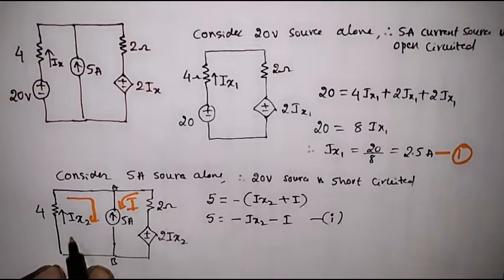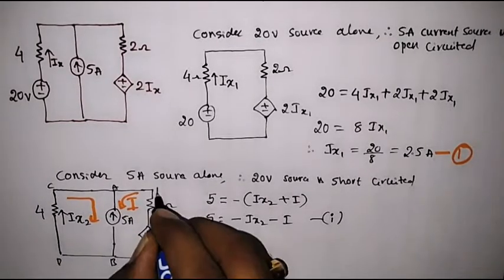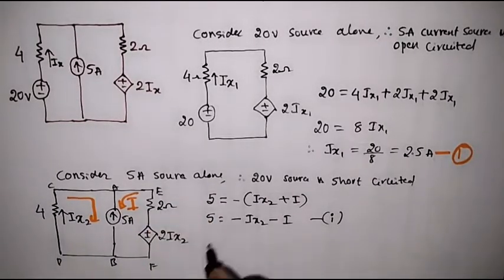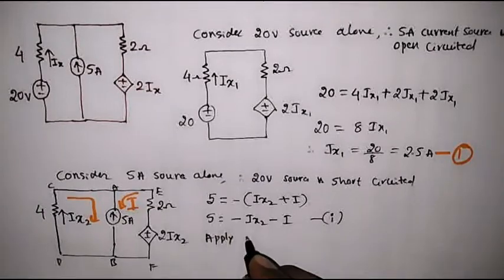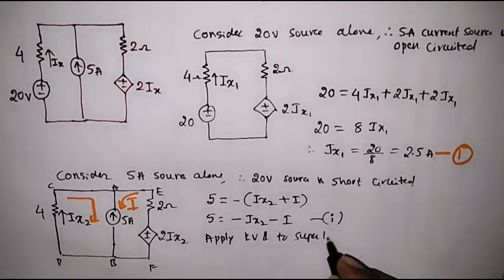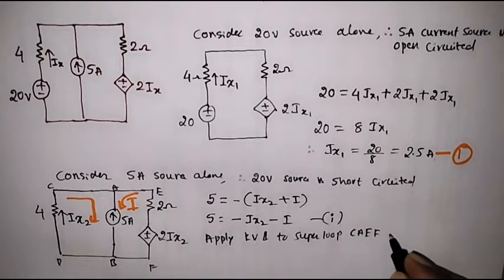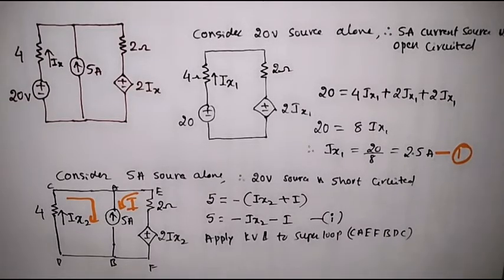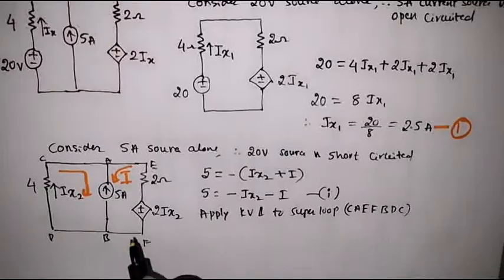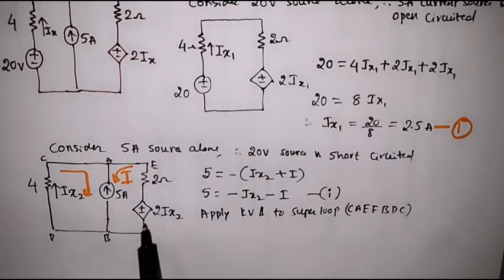Now I apply KVL to the entire loop, that is known as the super loop. Say this is CD, this is E and F. Apply KVL to super loop C A E F B D C. There is a voltage source in this loop. I'll start from the voltage source to avoid confusion.